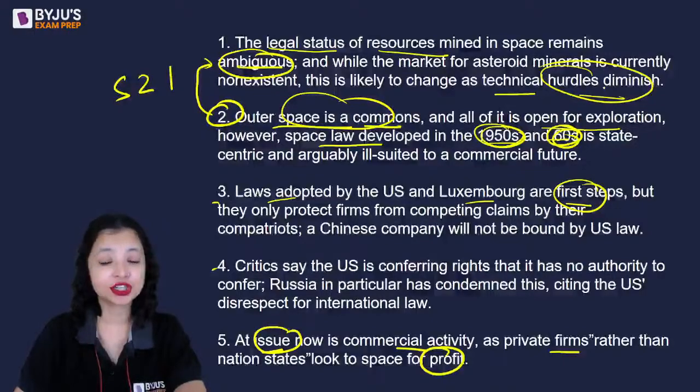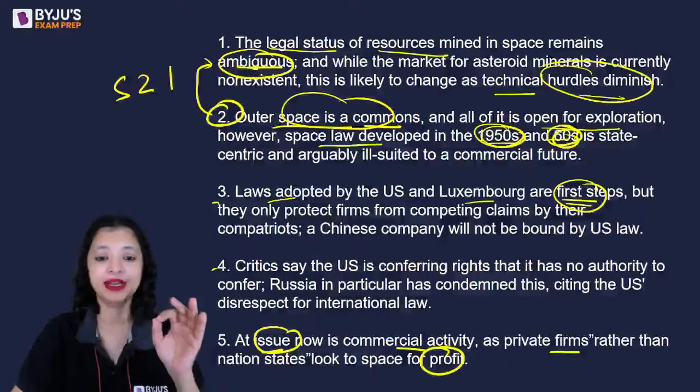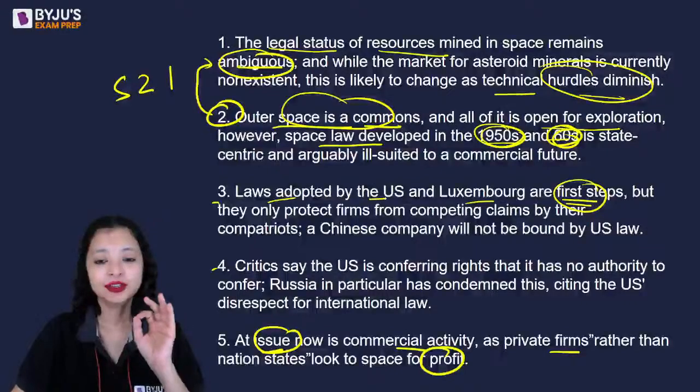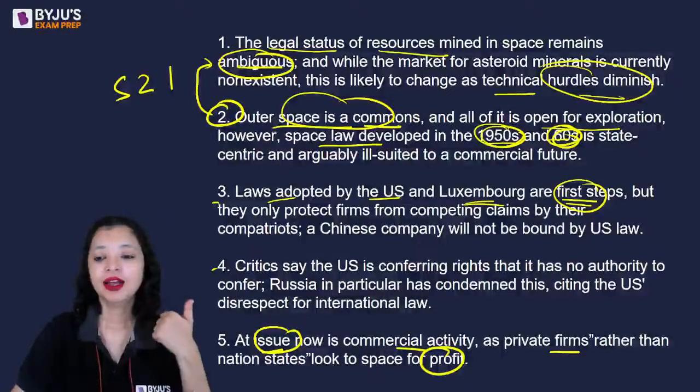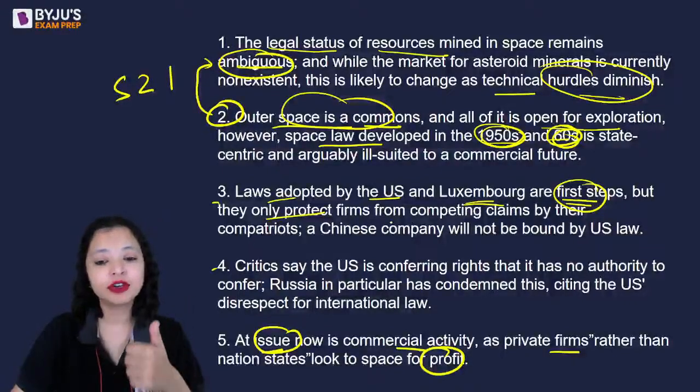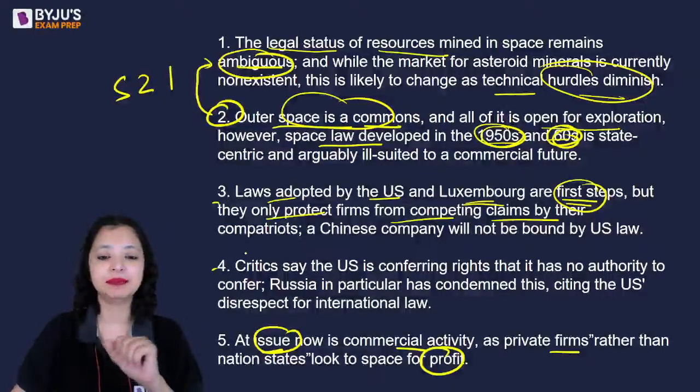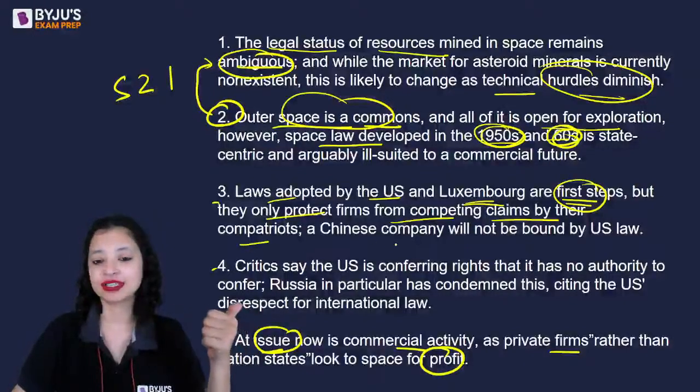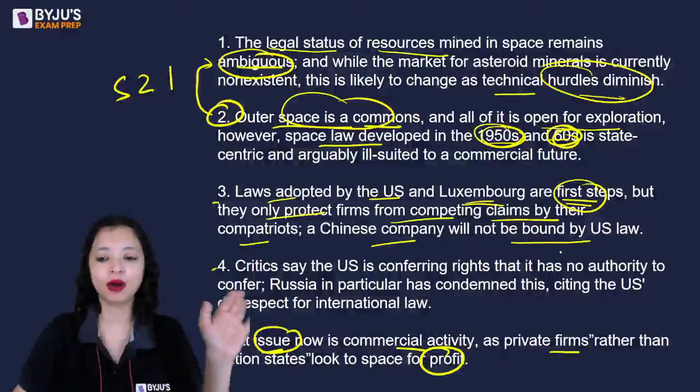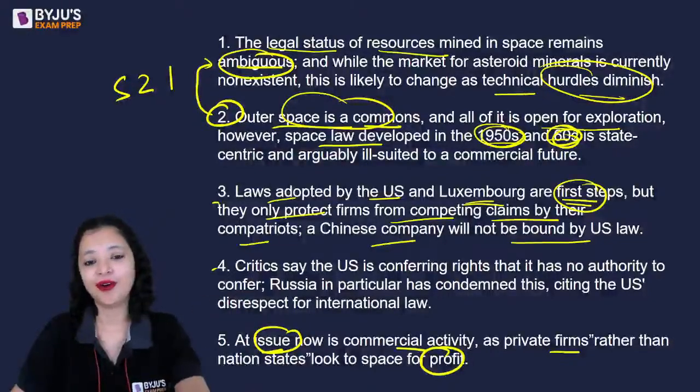We need to diminish the hurdles, and the first step is taken by US and Luxembourg, but they only protect firms from competing claims by their compatriots. A Chinese company will not be bound by US law. We have found our oddity, and that's the 4th one.